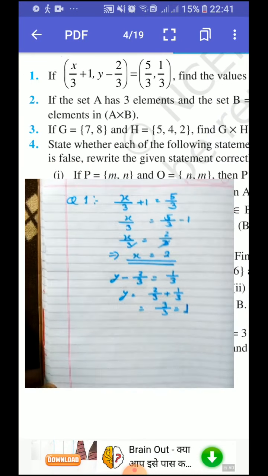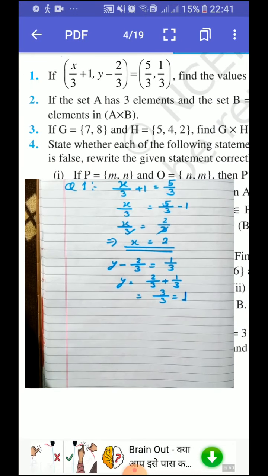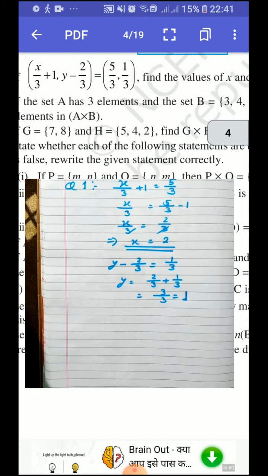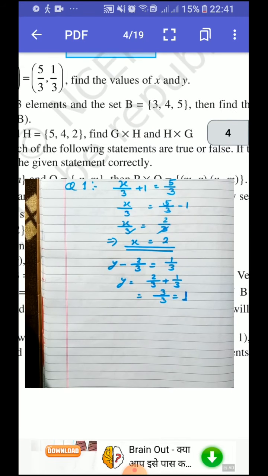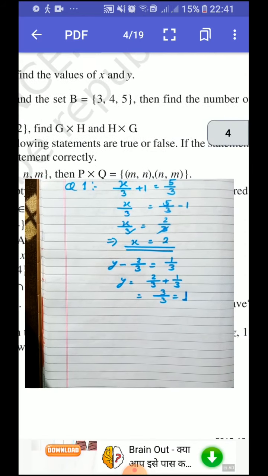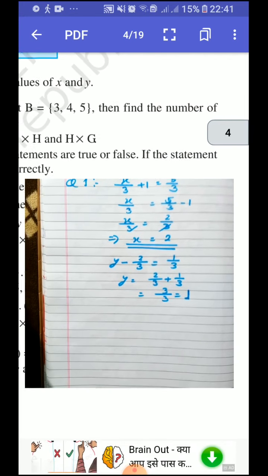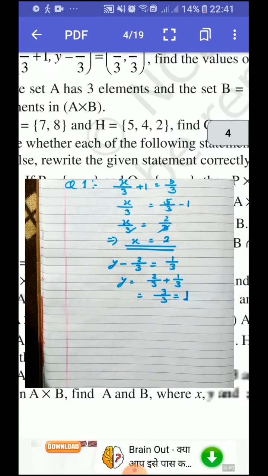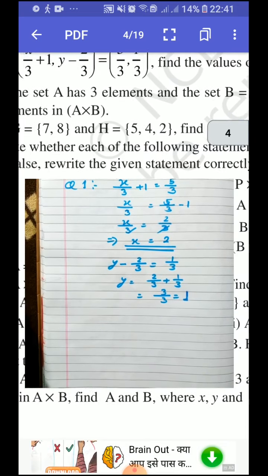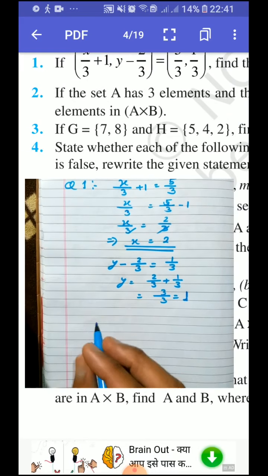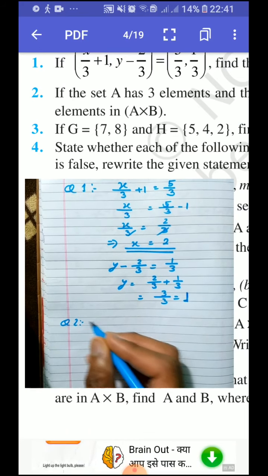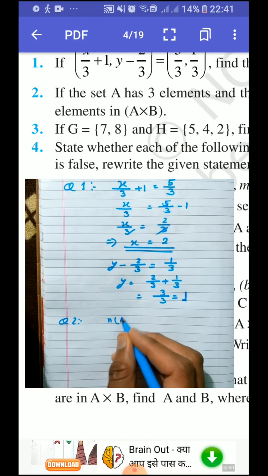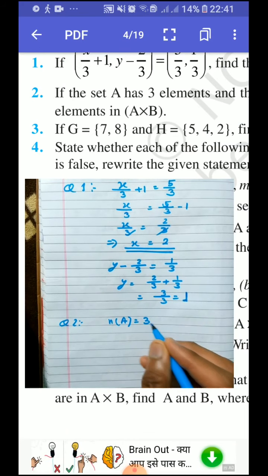Come to question number two. If the set A has 3 elements and set B is a set of elements 3, 4, 5, then find the number of elements in A Cartesian B. My dear student, since set A has 3 elements, n(A) = 3.